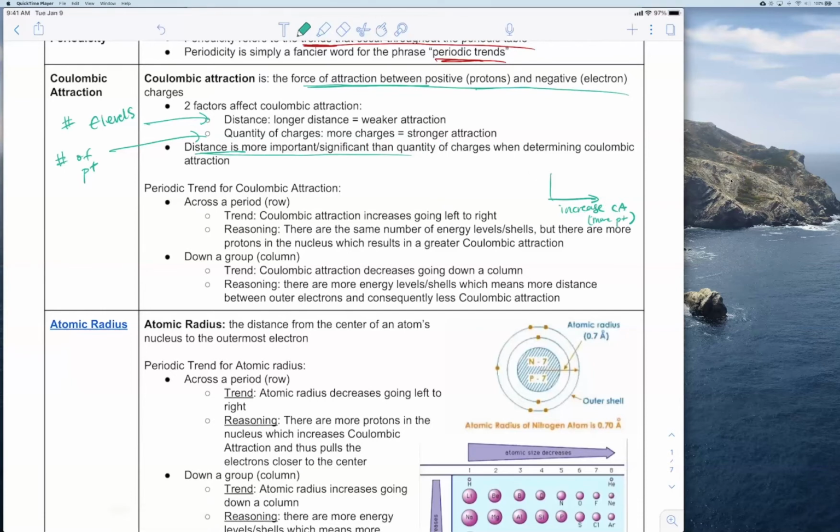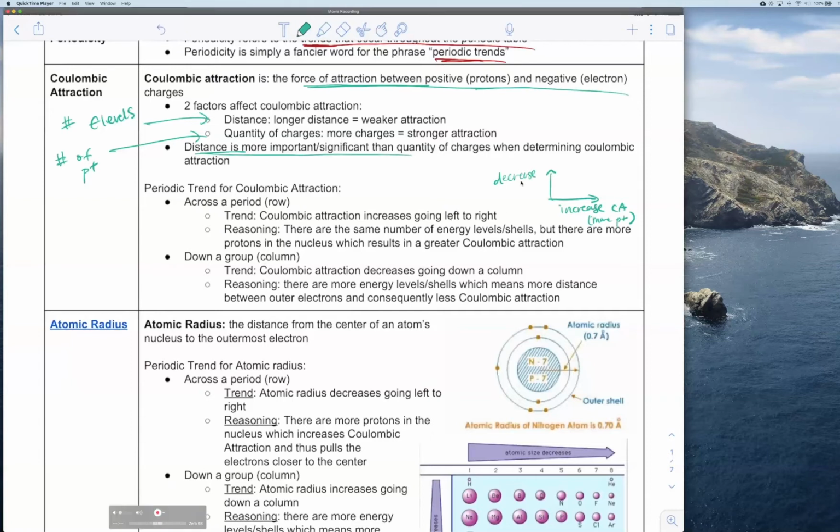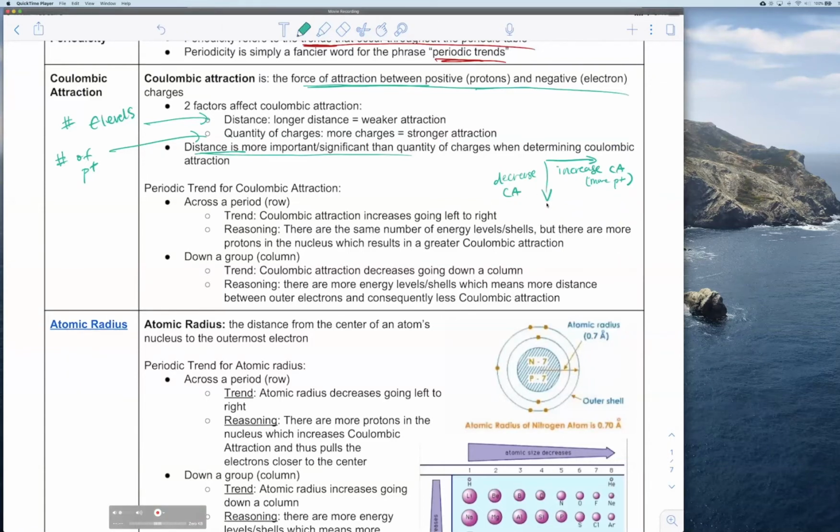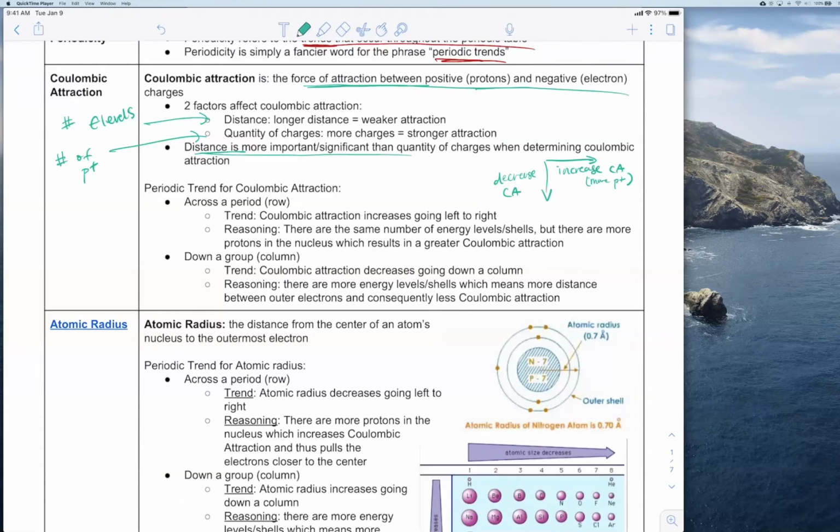And then it should decrease as you go from, sorry, let me redraw this. Your Coulombic attraction should decrease as you go downward because you're adding more energy levels, which is more distance.